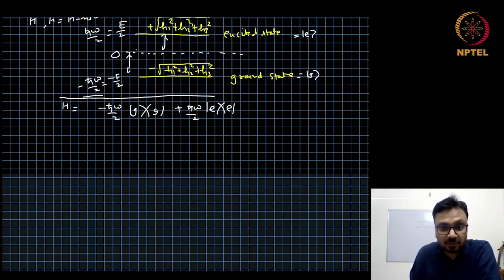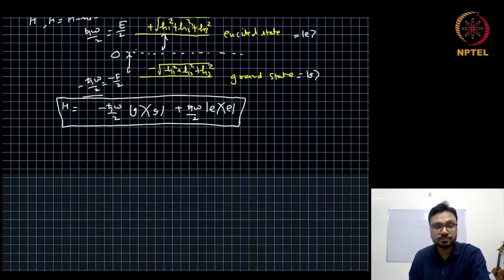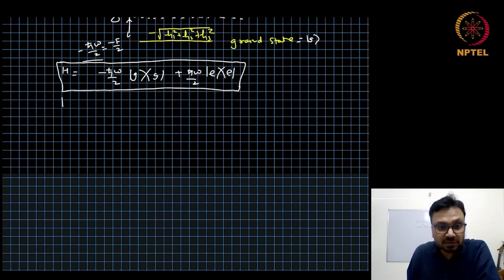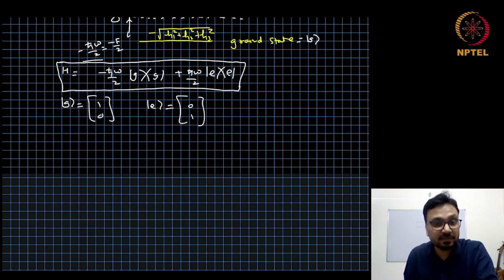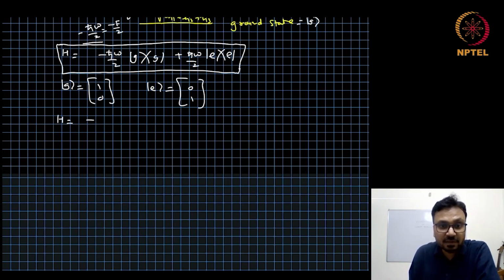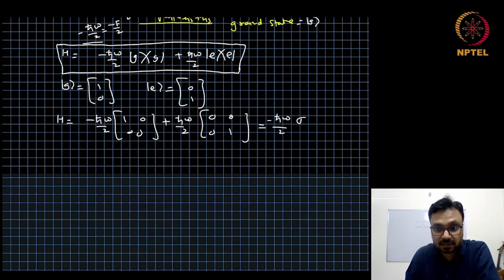This becomes the canonical form of a Hamiltonian for a two-level system, where G and E are the eigenstates and h bar omega is the energy separation between G and E. Now if we choose G to be (1, 0) and E to be (0, 1), the eigenvectors of sigma z, then our H becomes h bar omega over 2 sigma z.